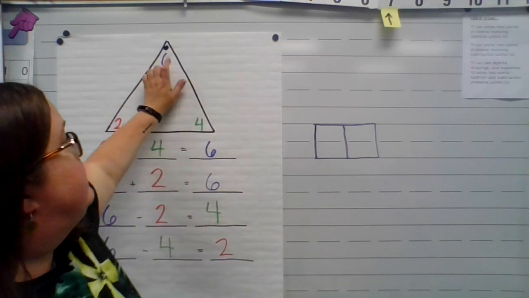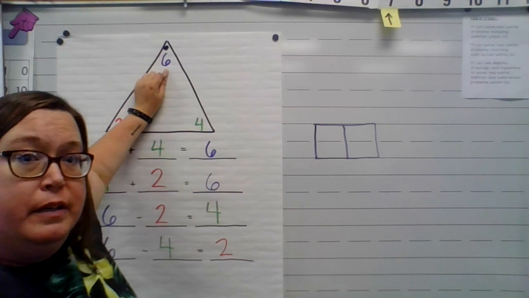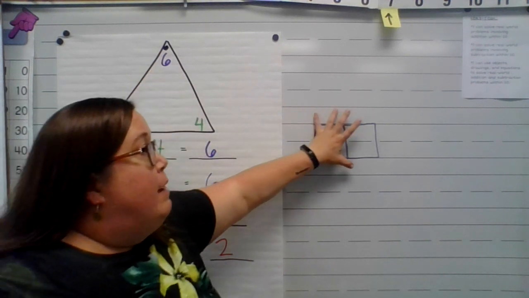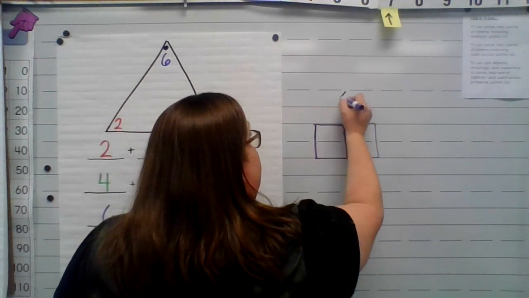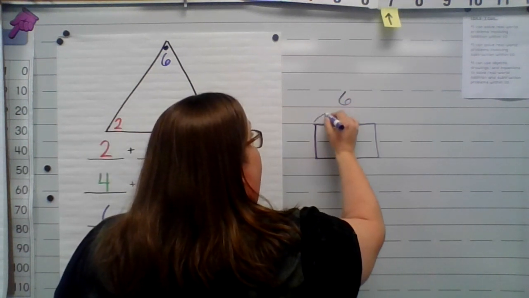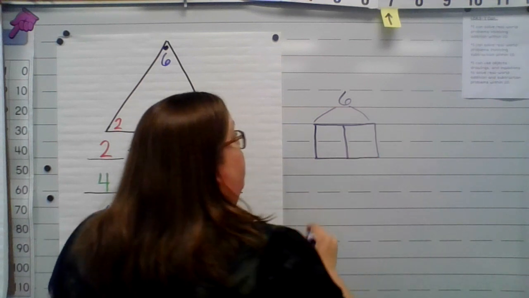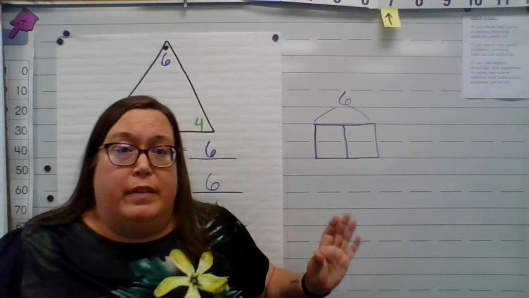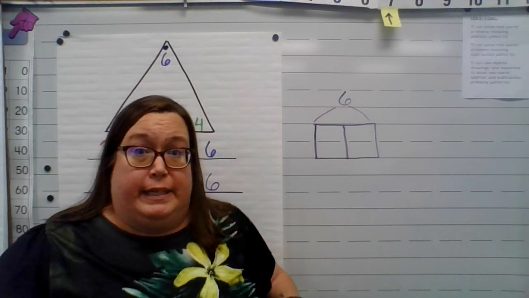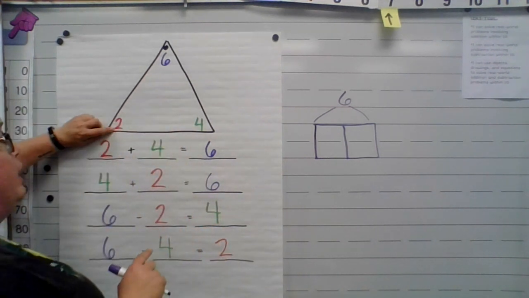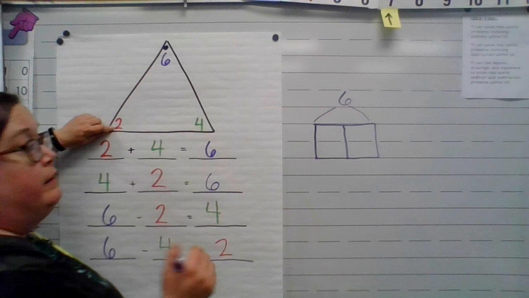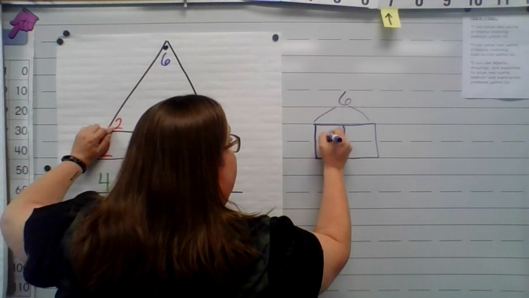Keep in mind, 6 is the biggest number. So the number of dots on the whole domino is going to be 6. This whole thing, all of the dots that are going to be on here are going to make 6. Okay. So the next thing I'm going to do is I'm going to draw this many dots in one side.